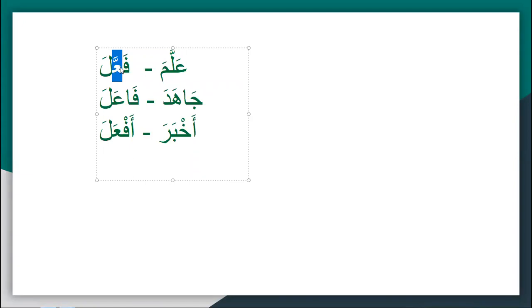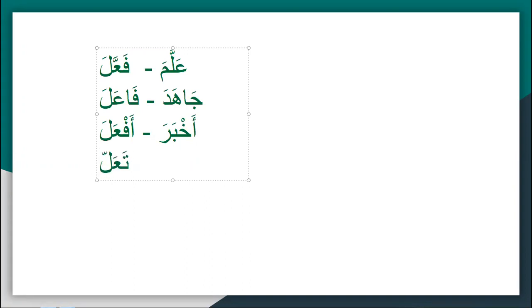This is just one added harf. And in Jahada family, the only added thing is the letter alif in the fa kalima, the first letter. And in Akhbara family, the only added thing was hamza before the fa kalima. Okay, so these three roots we have studied, and also we have studied two other families, family 5 and family 6. Family 5 and 6 both began with ta.